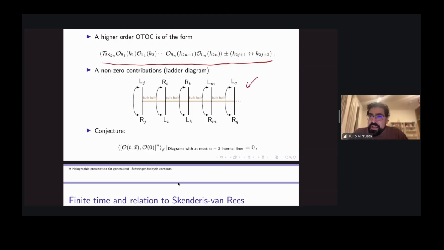The reason why this is a conjecture and not a proven thing is that just combinatorially, we run out of energy, because here is an example of a diagram that contributes, this ladder diagram. But as you increase the order n of the correlator, not all diagrams are ladder diagrams. So you will need to start worrying about more complicated topologies for your tree diagram. And also, we make no claims about loops.